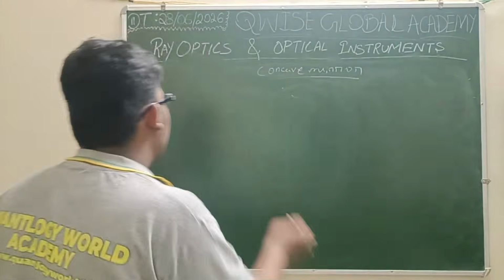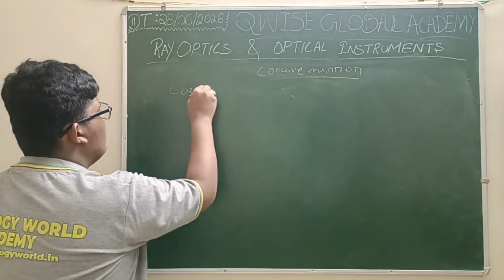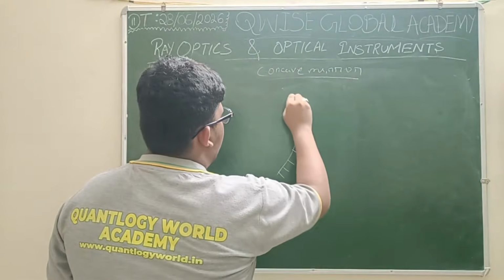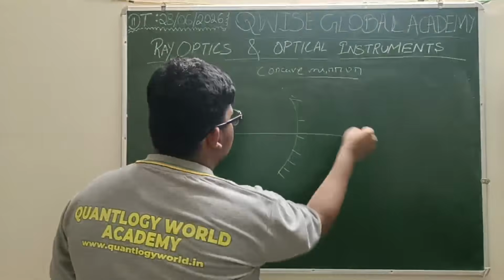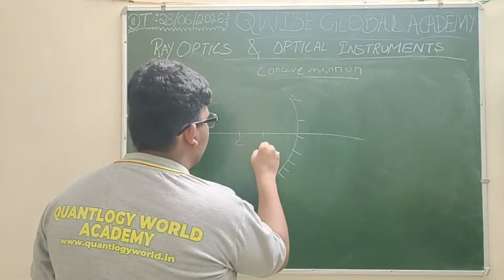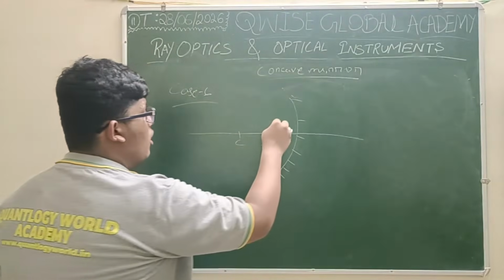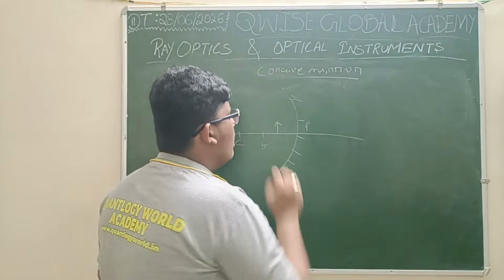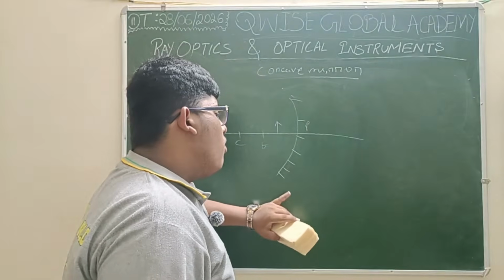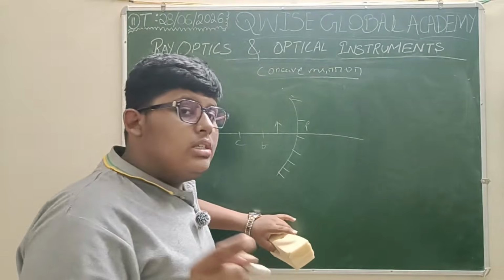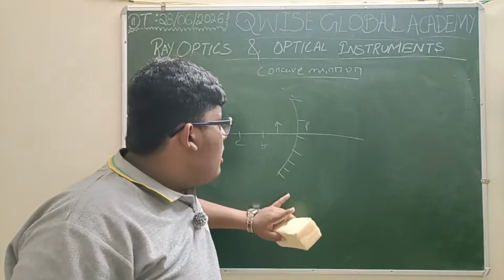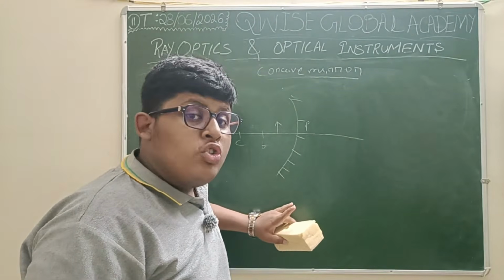The last case of concave mirror, case 6. This is a special case. Here the object is between focal length and pole, then the image formed will be enlarged, greater than the height of the object, but virtual and erect.